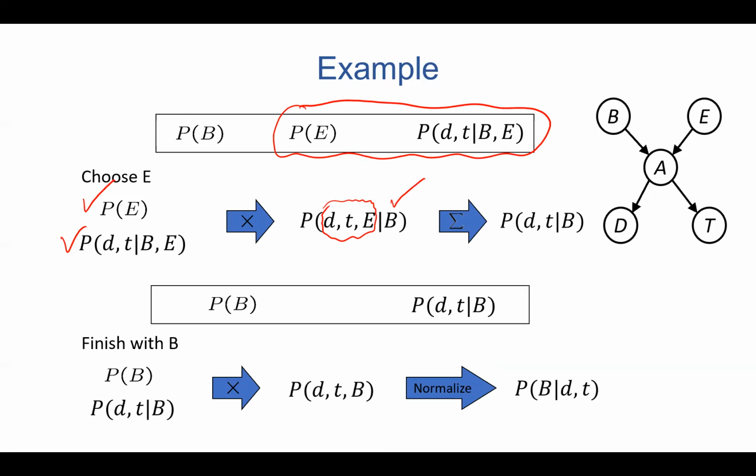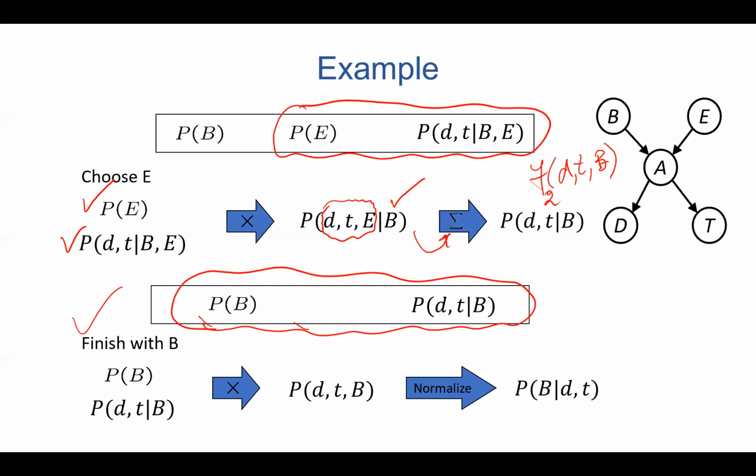And we have to sum out over E. After summing out with respect to E, we come up with a new factor, which is D, T, and B, F2, right? And then finally, we finish with B. Pick out all the factors that have B, join over them, and then finally normalize. And we get our query.